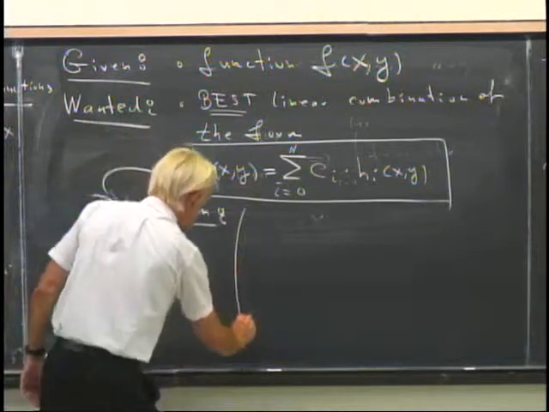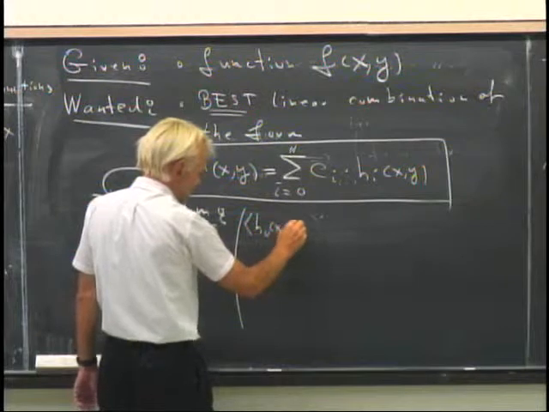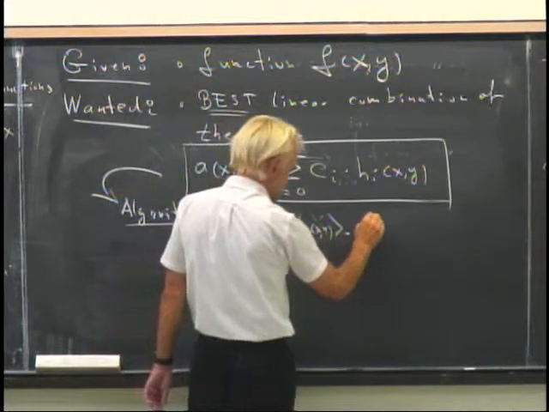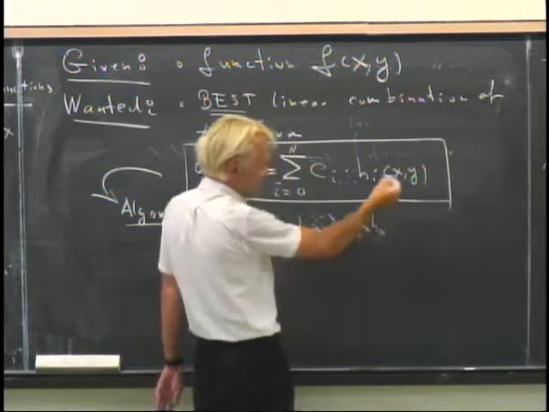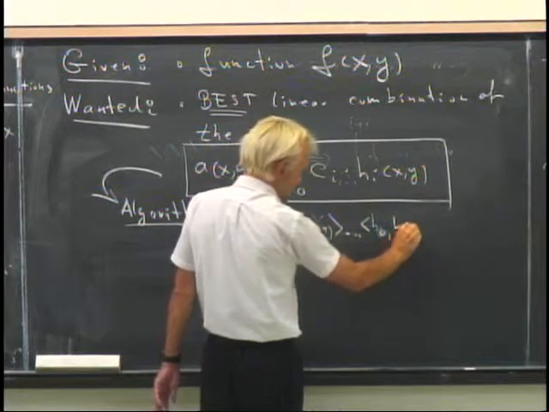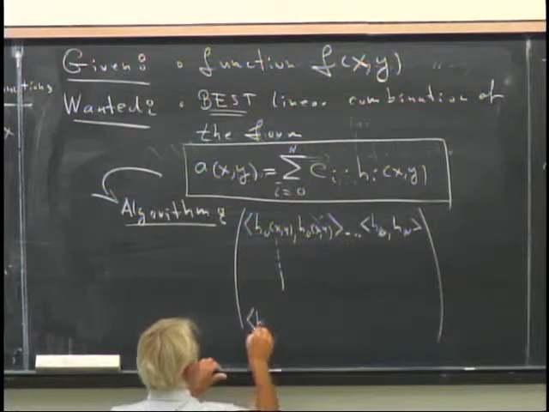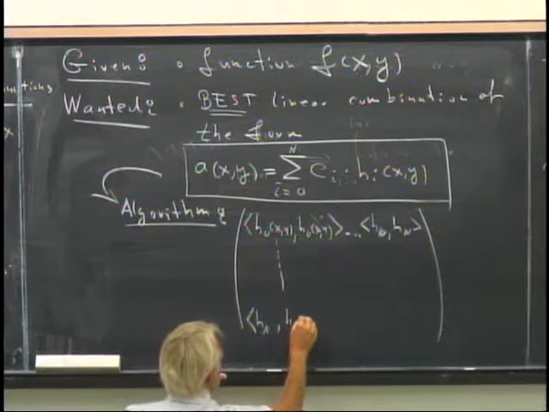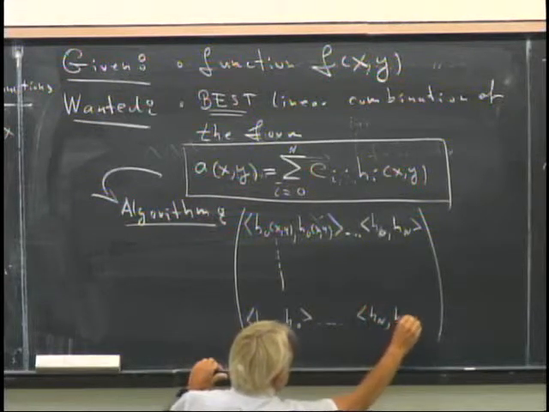So we have to compute inner products now: h0 of x, y dotted with itself, up to h0 dotted with hn, and then the last element would be the platelet above site n, hat function n dotted with hat function 0, and the last one is hat function n over platelet n dotted with itself.